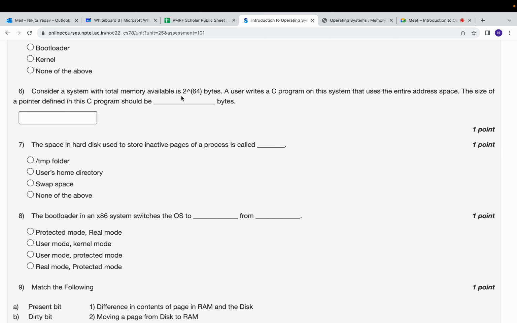If the question says the memory available is 2 to power 10 bytes, then you answer according to that. Here the question says the memory available is 2 to power 64 bytes. So the size of a pointer defined in the C program should be of dash bytes.